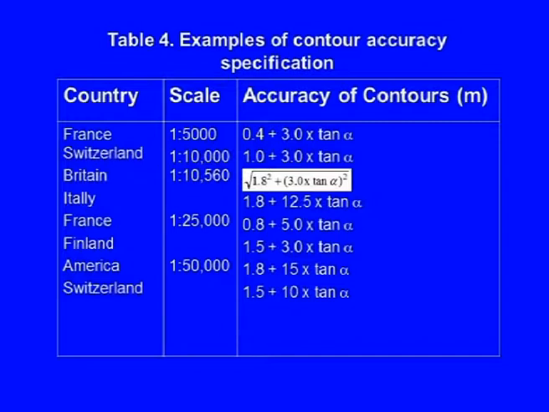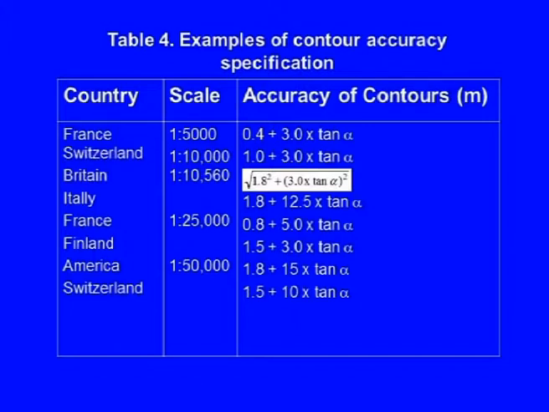In Switzerland, at a scale of 1:10,000, this could be 1.0 plus 3 tan alpha. In Britain, where the scale is 10,560, the accuracy of the contours can be expressed as the square root of 1.8 squared plus (3 tan alpha) squared. In Italy, it is 1.8 plus 12.5 tan alpha.